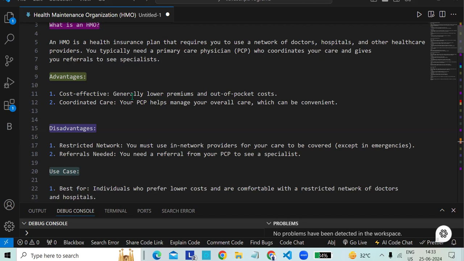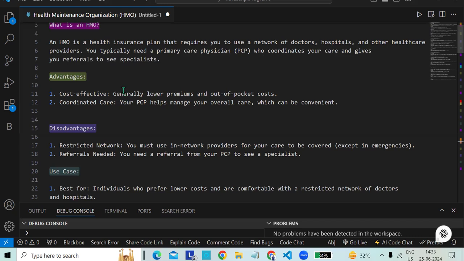And coordinated care: your PCP helps manage your overall care, which can be convenient. You just go to the PCP, the primary care physician, and he gives the direction: which hospital to go to and which doctor you have to meet. All these things are discussed by the primary care physician.